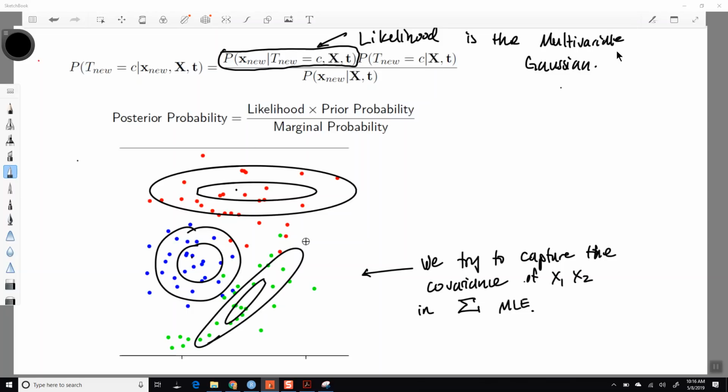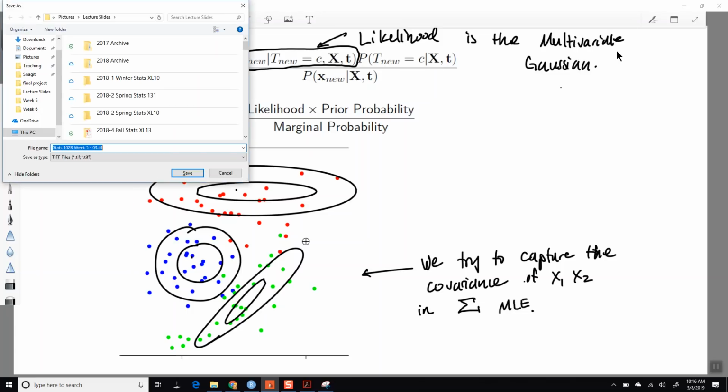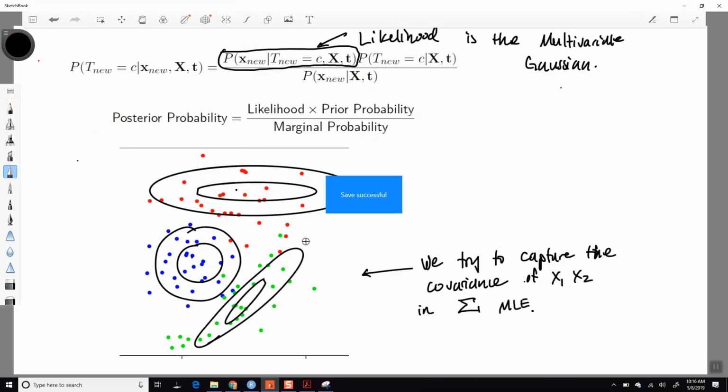Now, it's probably not too much of an issue to calculate the covariance, but it does require more data in order to, yes, question.